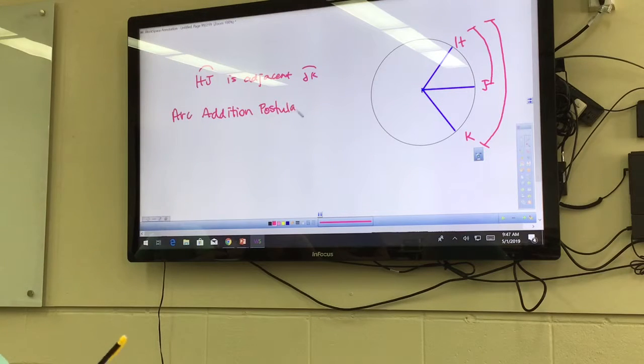And all that says is that you can add the two smaller arcs and set them equal to the large arc. So the measure of HJ plus the measure of JK is equal to the measure of the large arc, which would be HK.